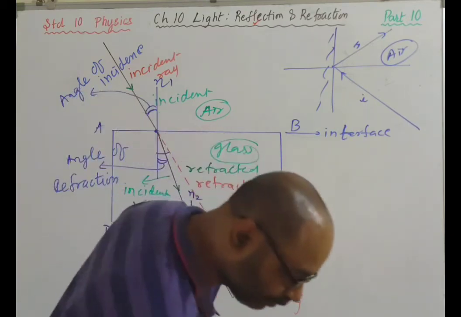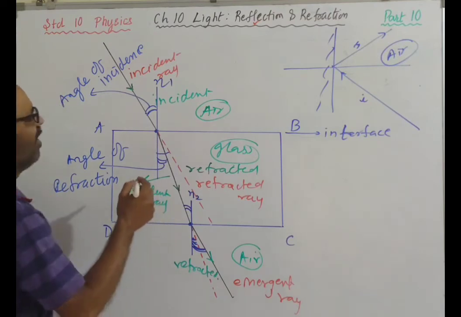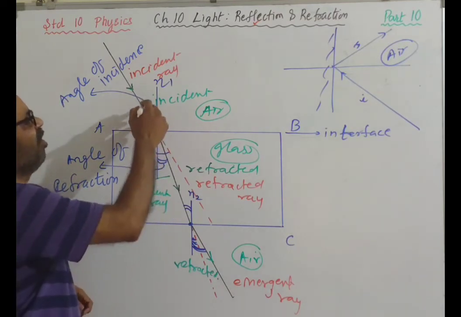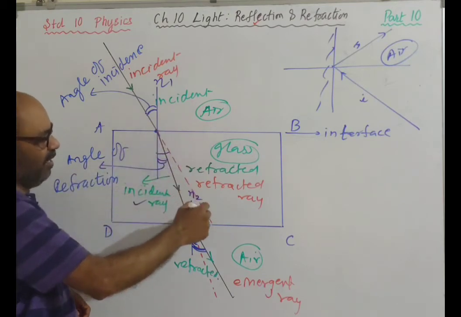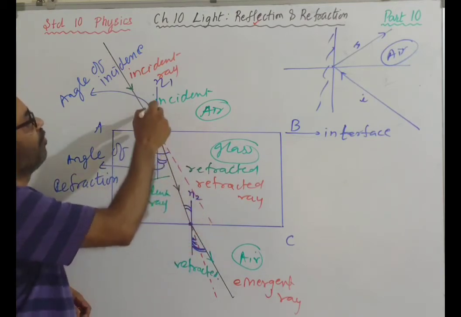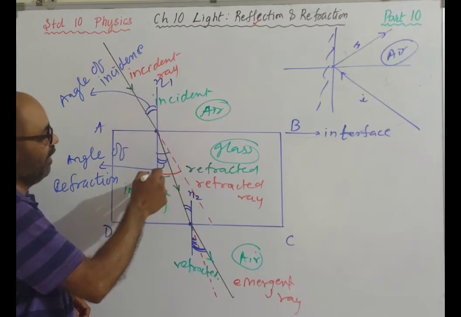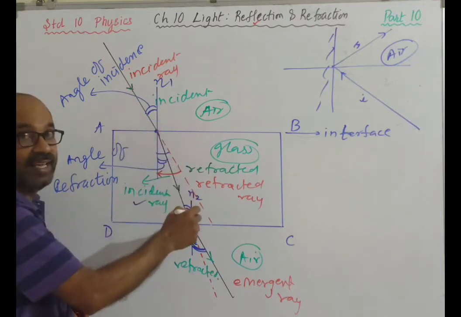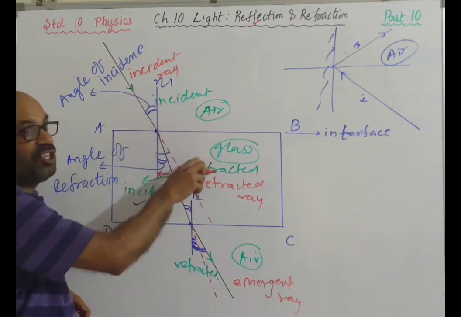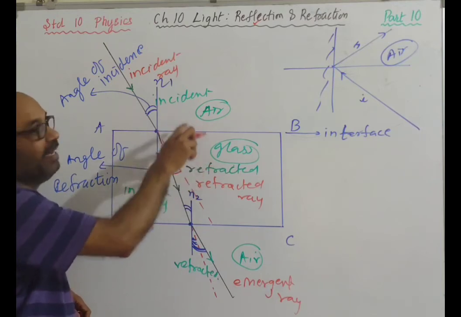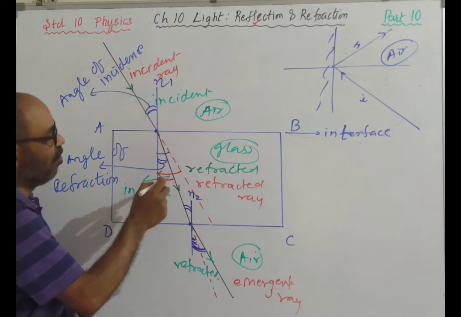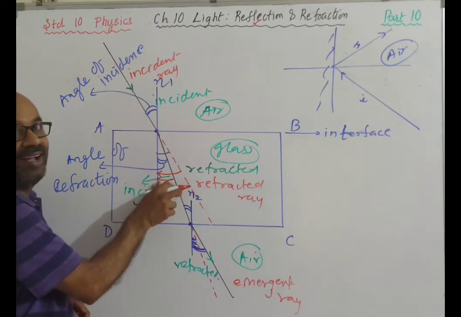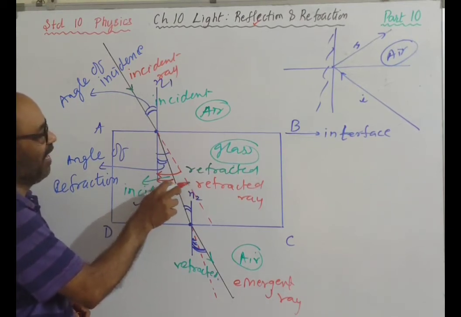Now you see. Children, this ray of light, the incident ray, was supposed to travel in this direction and the normal is here. It should have gone this far from the normal, but because of the change in medium, it bends, and the angle became this much. So the angle became smaller. The angle between the refracted ray and the normal has become small.